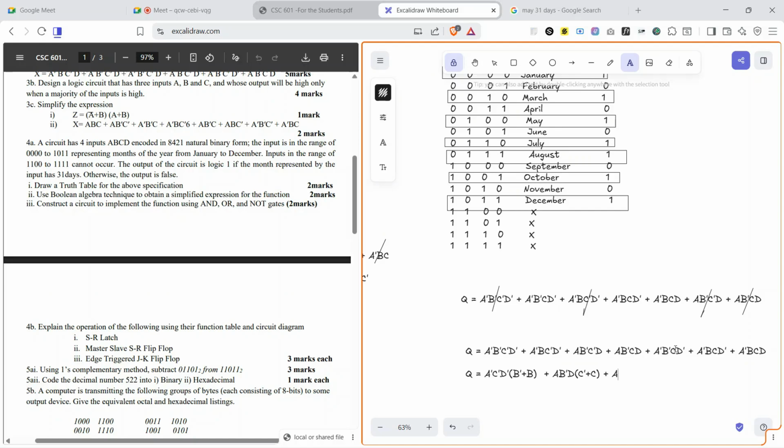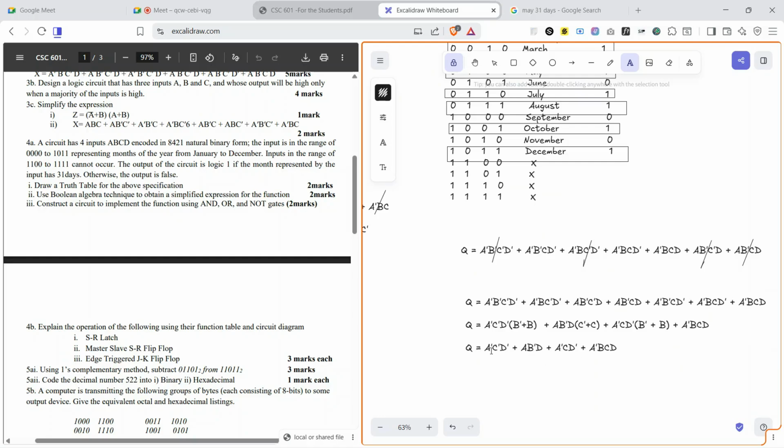A bar, C D bar into D plus B bar plus B, then plus A bar B C D. So our Q would be equal to A bar C bar D bar plus A B bar D plus A bar C D bar plus A bar B C D.